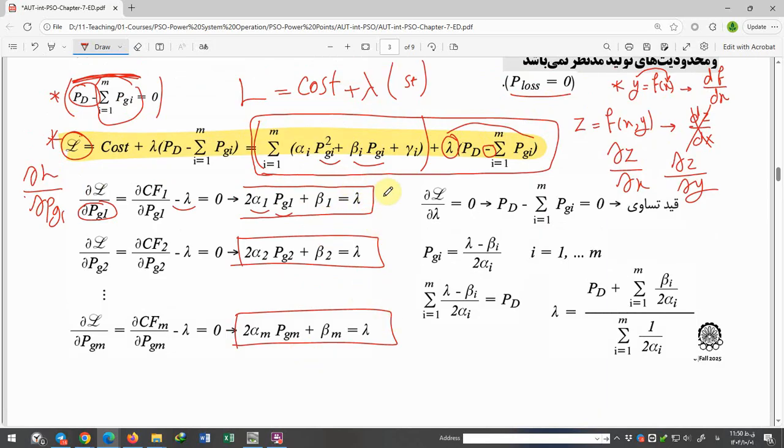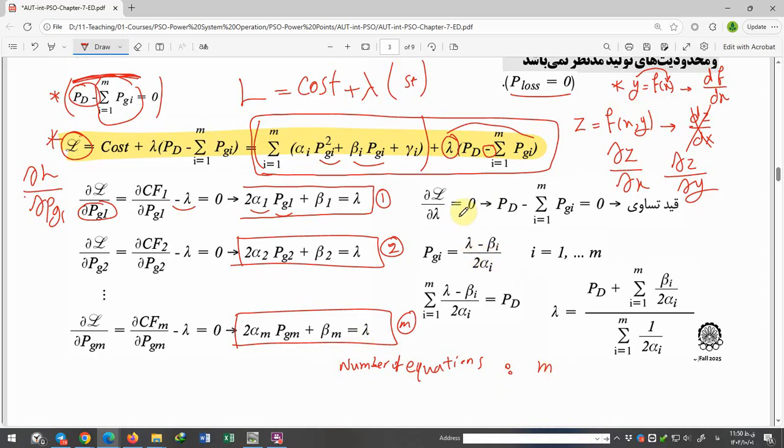So we have m equations, the number of equations is m.